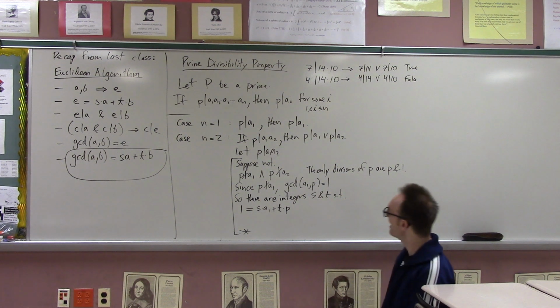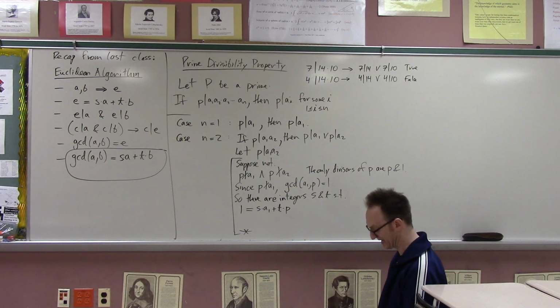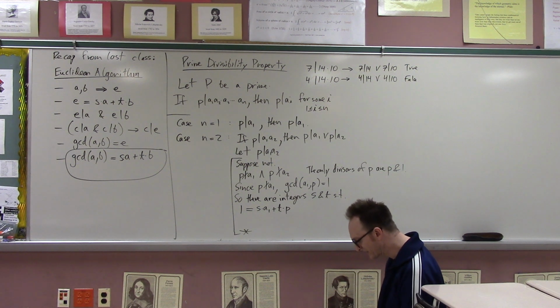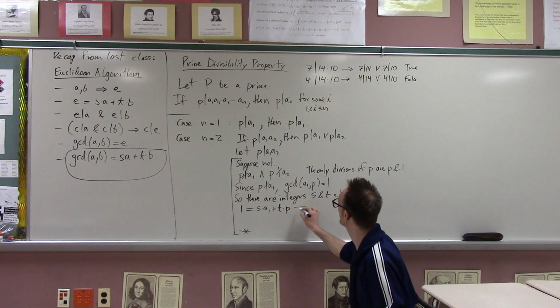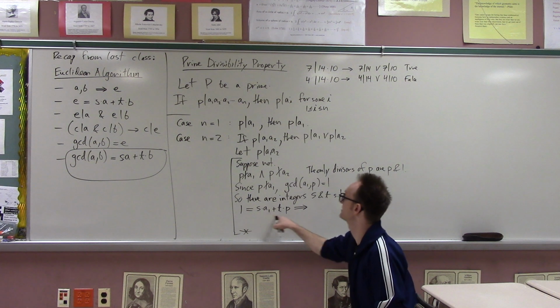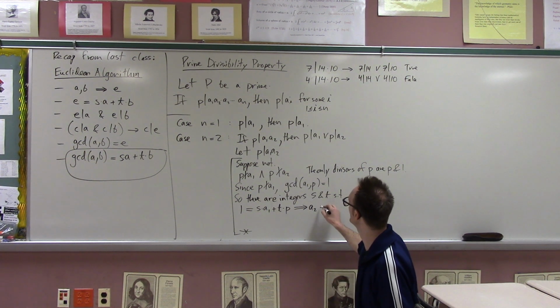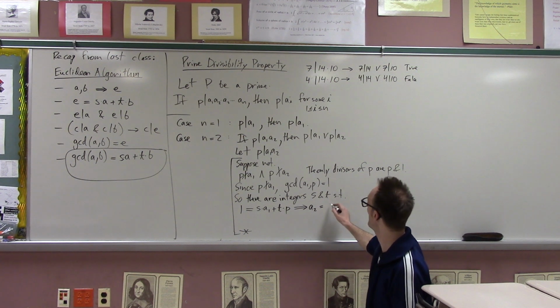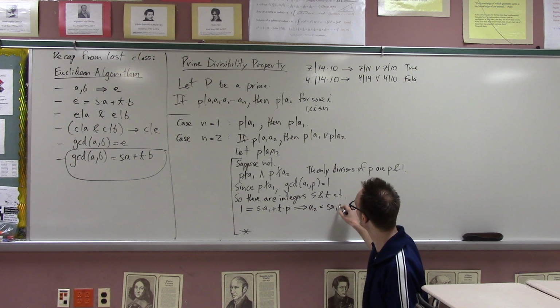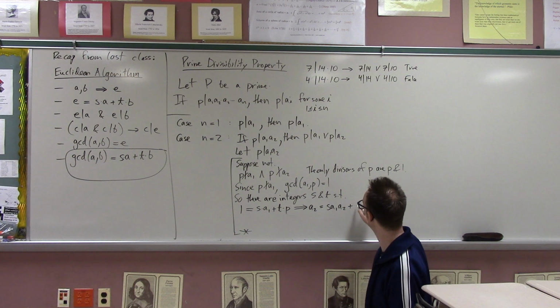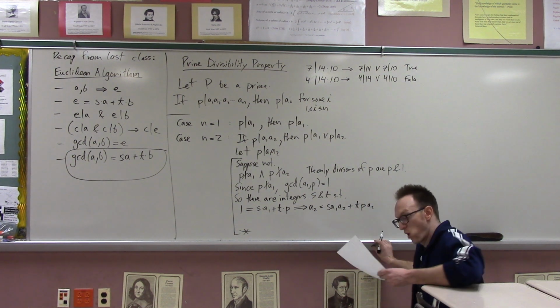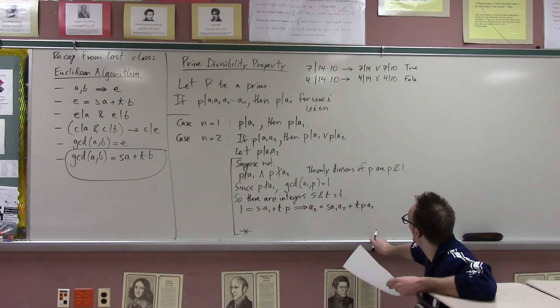Now we see that this is kind of impossible. By multiplying through both sides of this equation by a2, we get that a2 is s a1 a2 plus t p a2.